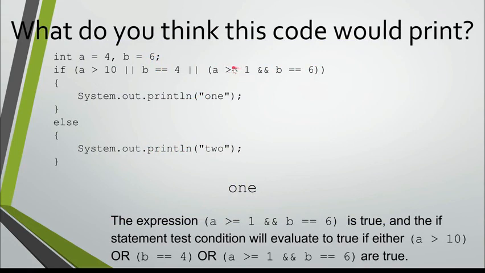This side is true. Is B equal to 6? This side is true. So this and expression is true. Now we can go over here. Is A greater than 10? This is false. Is B equal to 4? That's false. But since there's an or here and one side of the or is true, then this whole if expression is true and we print a 1.